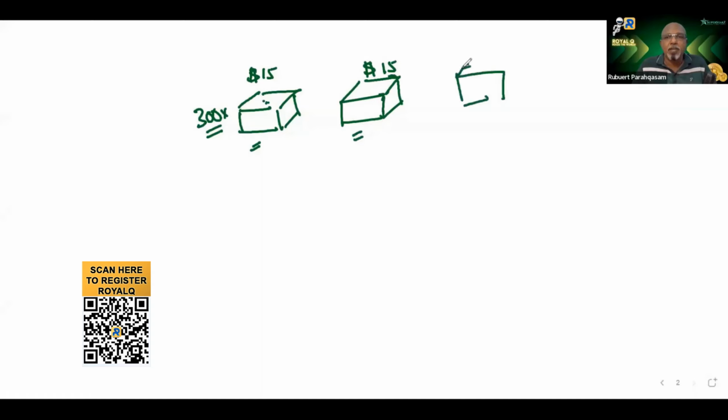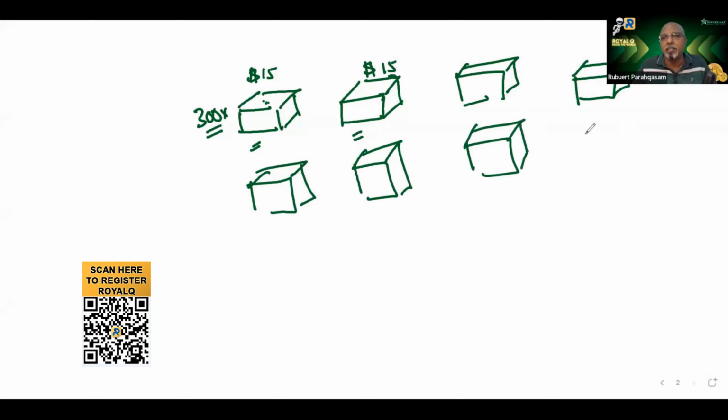So if you had 10 boxes like this, 10 treasure chests like this, and if you were to repeat this over and over again for your 10 treasure chests, each one is only $15 at the same 300 trades, what happens to you?